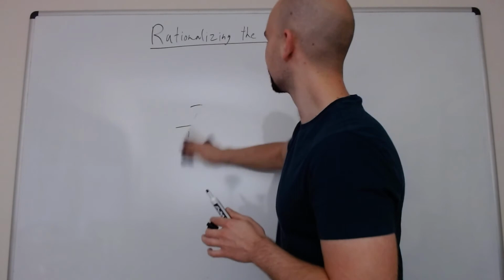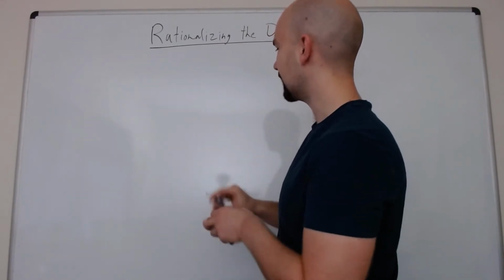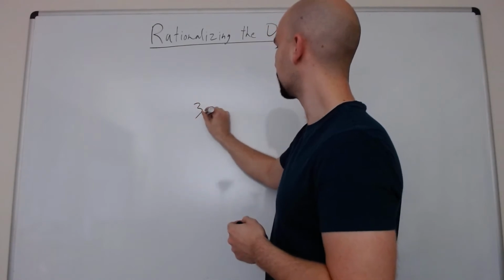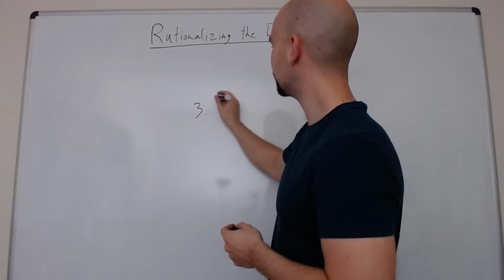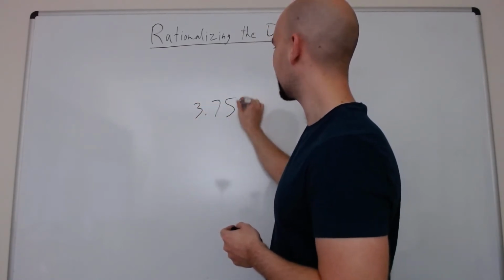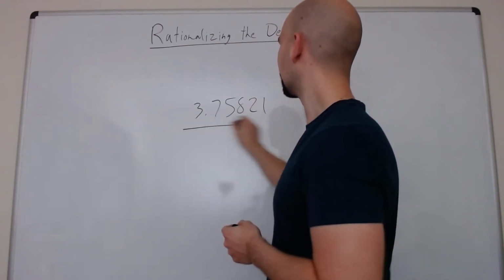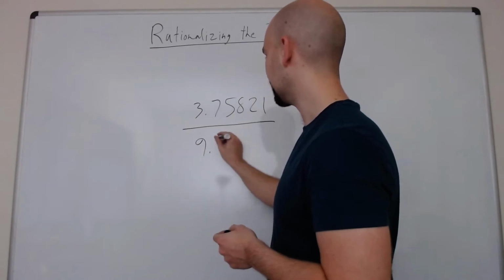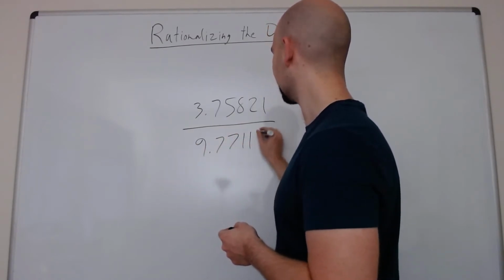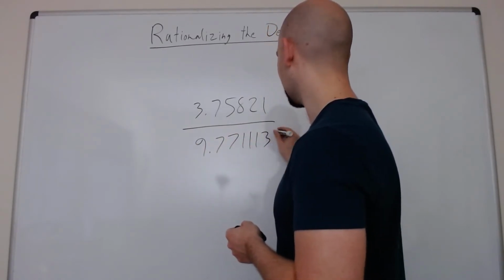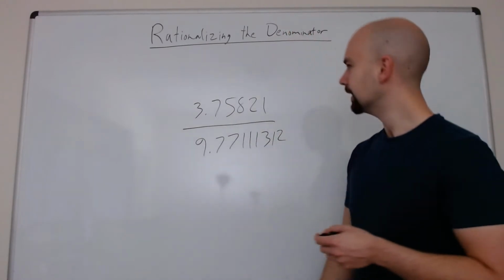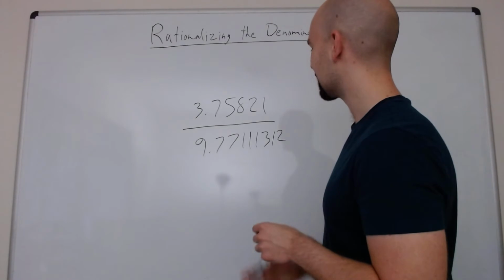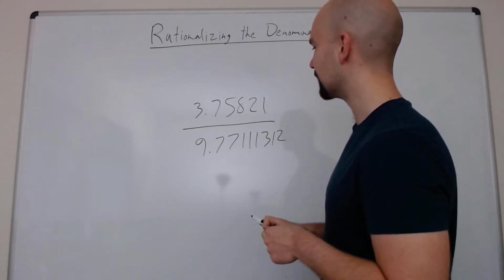And if I have a number like 3.75821 over 9.77111312, that's probably not going to be interpreted as a rational number in any situation, I would imagine.